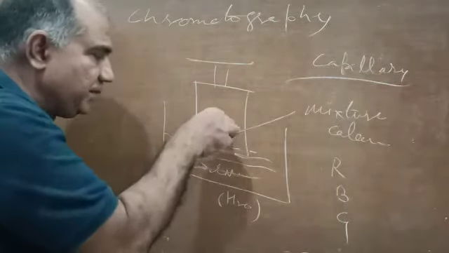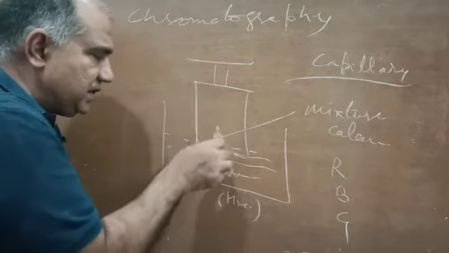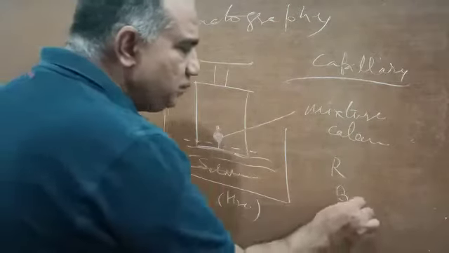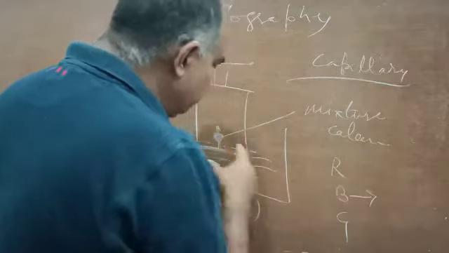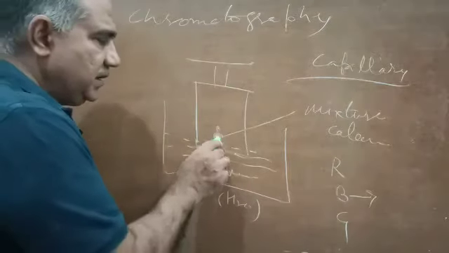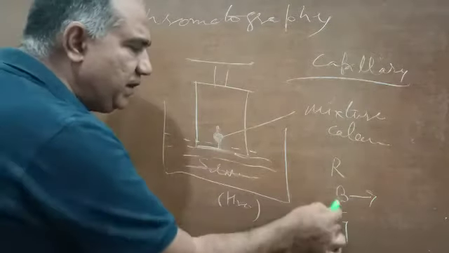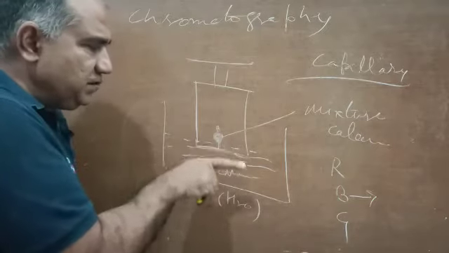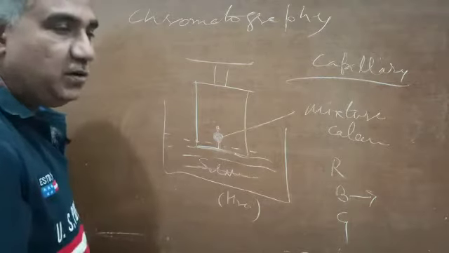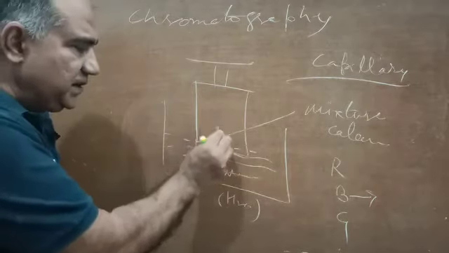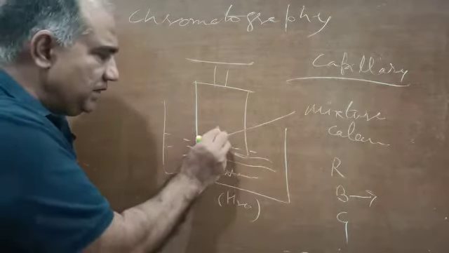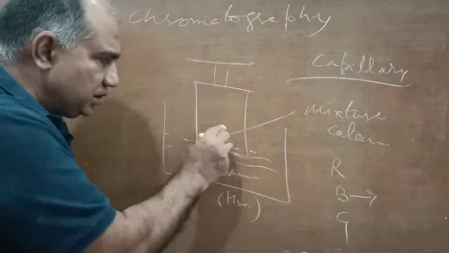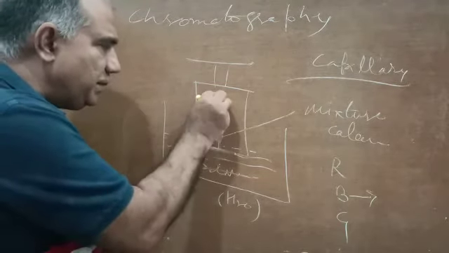Water keeps on going, and water flows over this, and say blue color dissolves first. Solubilities being different means red, blue and green, when water starts flowing through this, must get dissolved into water at different times, not at one time. If simultaneously all of them dissolve, then the whole mixture of color will move up and get here.